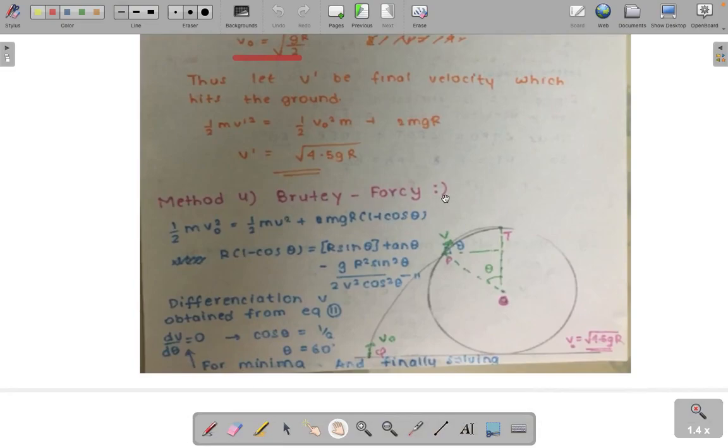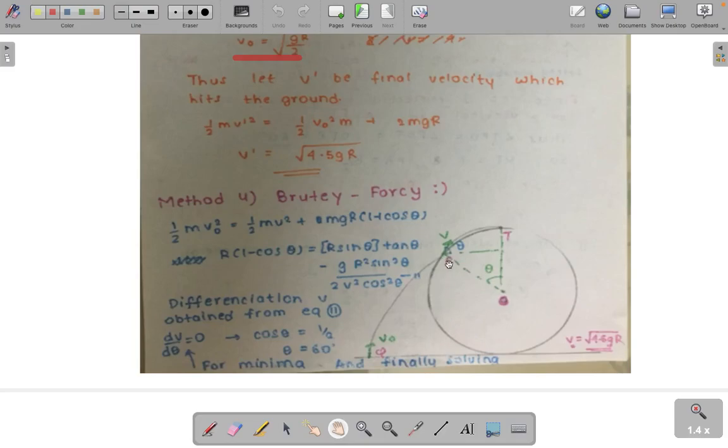And the brute force method, which is very lengthy but still useful. First of all, now we are not using the reversible process, and instead we are projecting the cannonball from the ground to some point P, and then it would graze P and reach point T. By using conservation of mechanical energy from point Q, which is the point on the ground, to point P, we would get this equation.